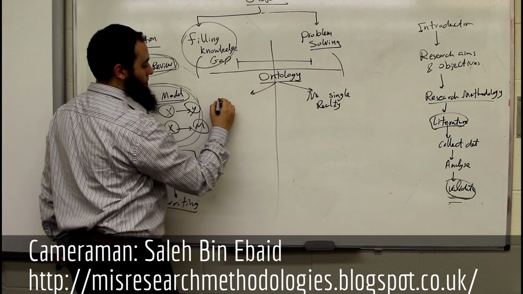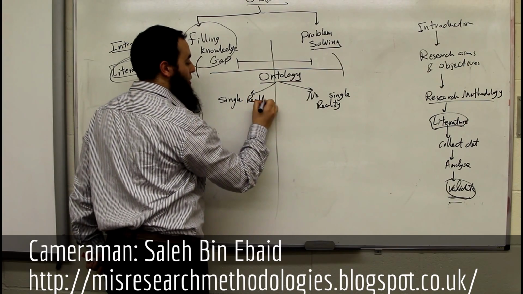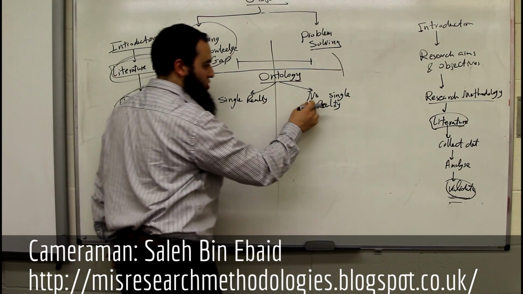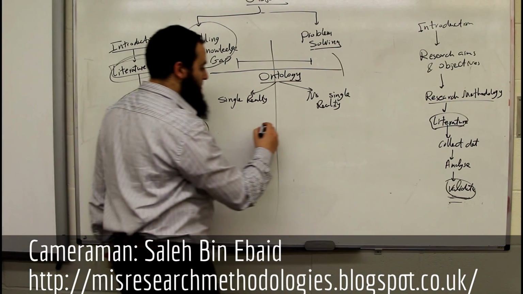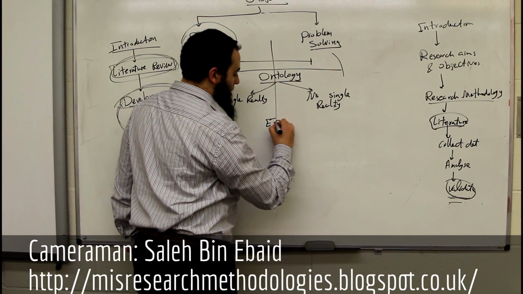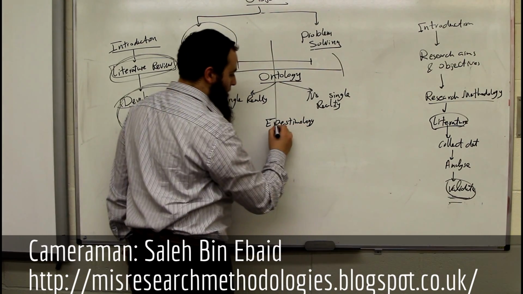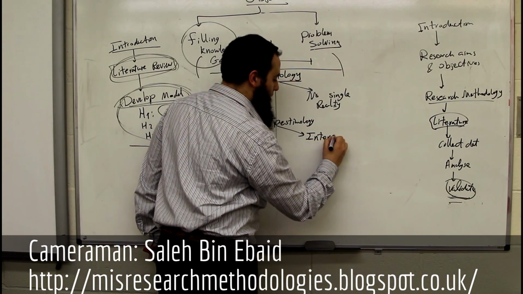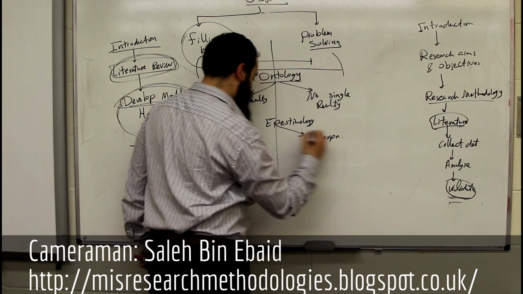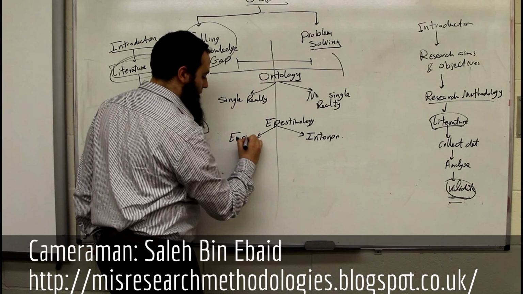Here we say there is a single reality and it's external to our minds. So we call that constructionism, we call that objectivist. Epistemology, the theory of collecting the data. Here we say interpretivist, we interpret. Here we say empiricist, testing.